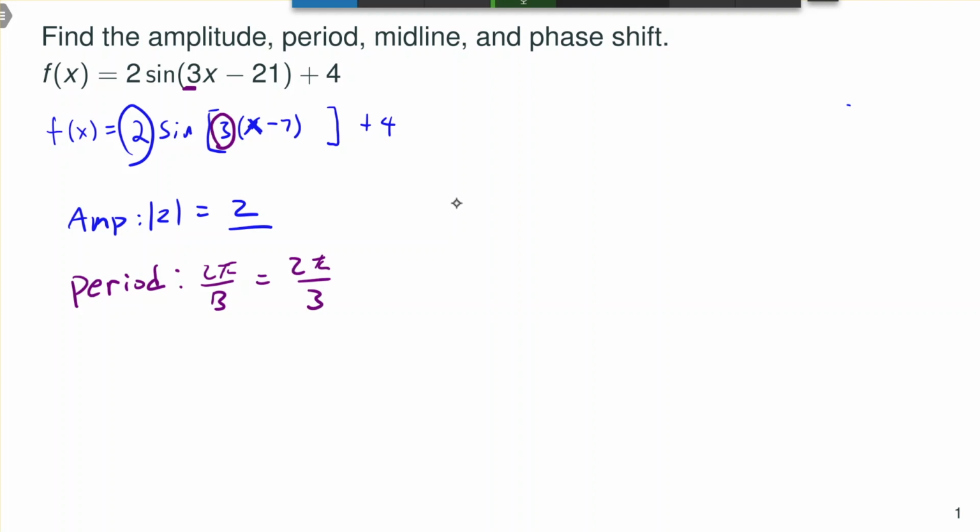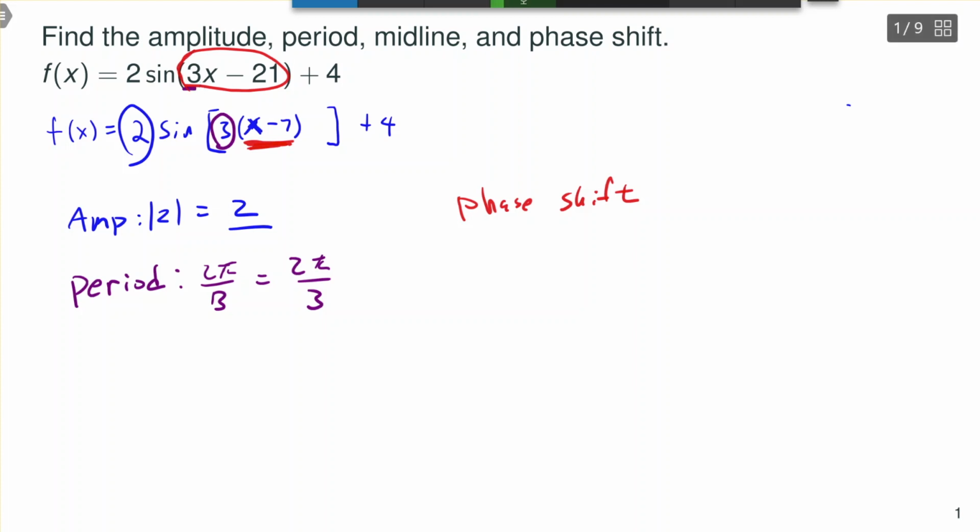So then phase shift is, we can look at this, and whatever x value makes this 0. Actually, we could also just find the phase shift directly from here as well. Either one's fine. When x is 7, we get 7 minus 7 equals 0.